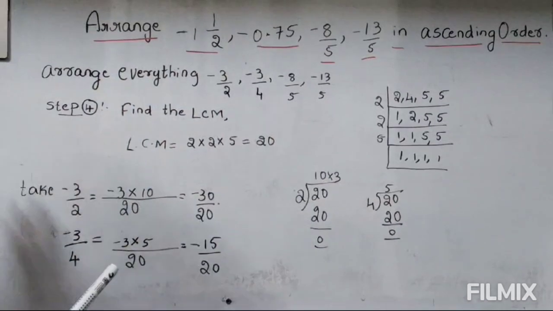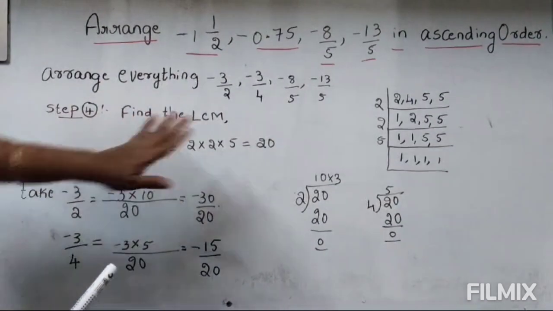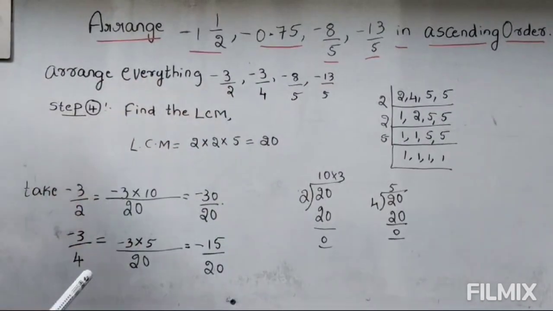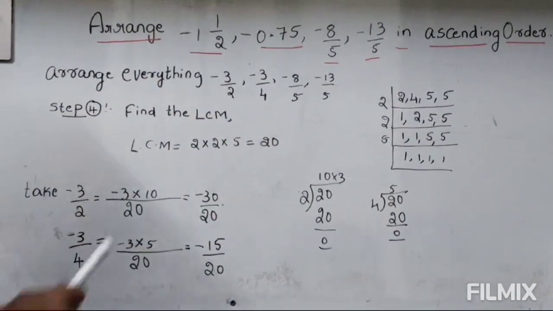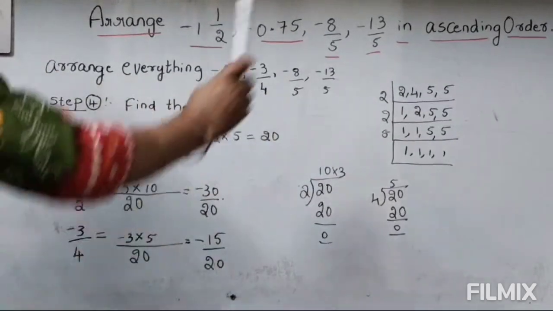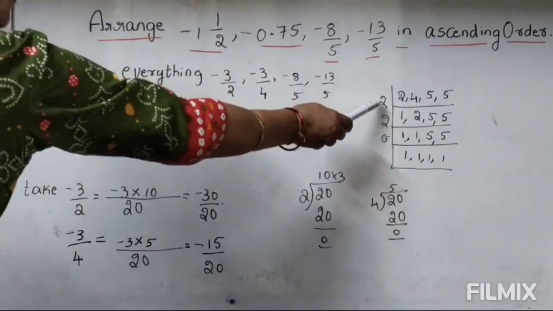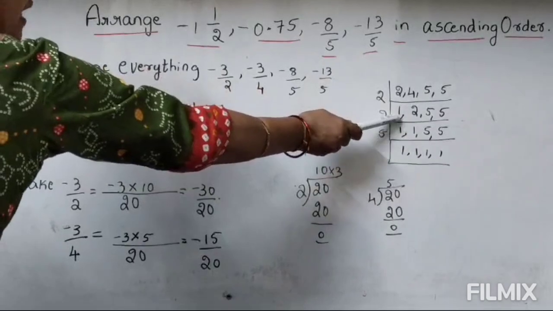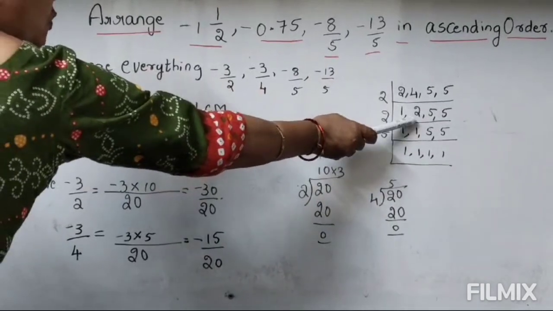The next step you are going to do is LCM. Finding the LCM of the denominators. So look there, I have shown there. So 2, 4, 5, 5. 2 1s are 2, 2 2s are 4.